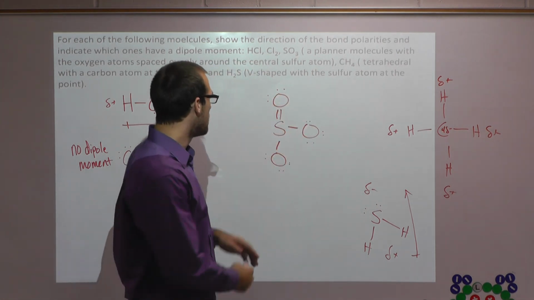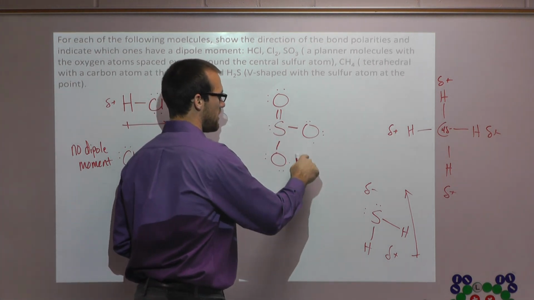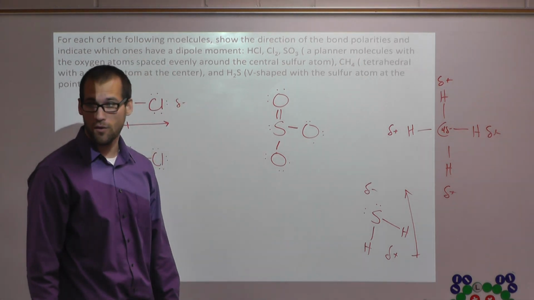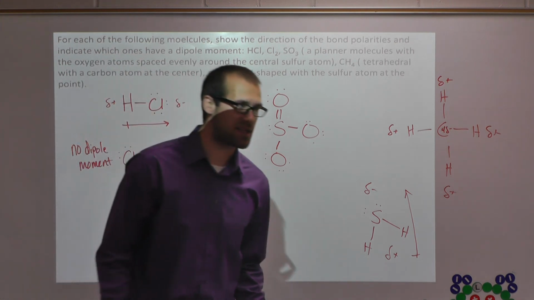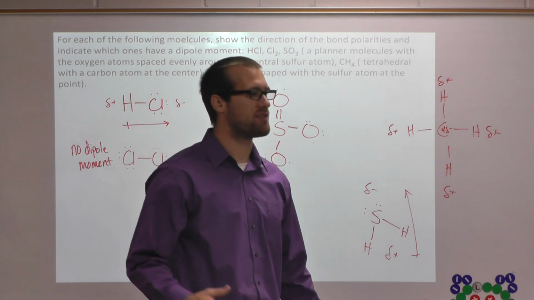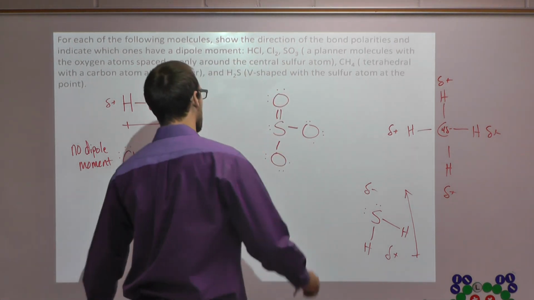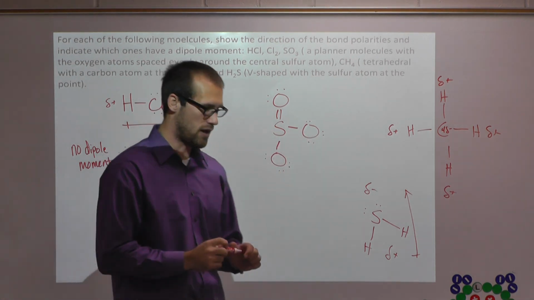If I would have just formed a double bond and kept these 2 electrons here and didn't transfer them, are these oxygens stable? No. Okay? Sulfur does not have to have an octet, but in this case, it can be more stable if it gives its electrons, making the oxygen have an 8. Right? So, voila. Okay?